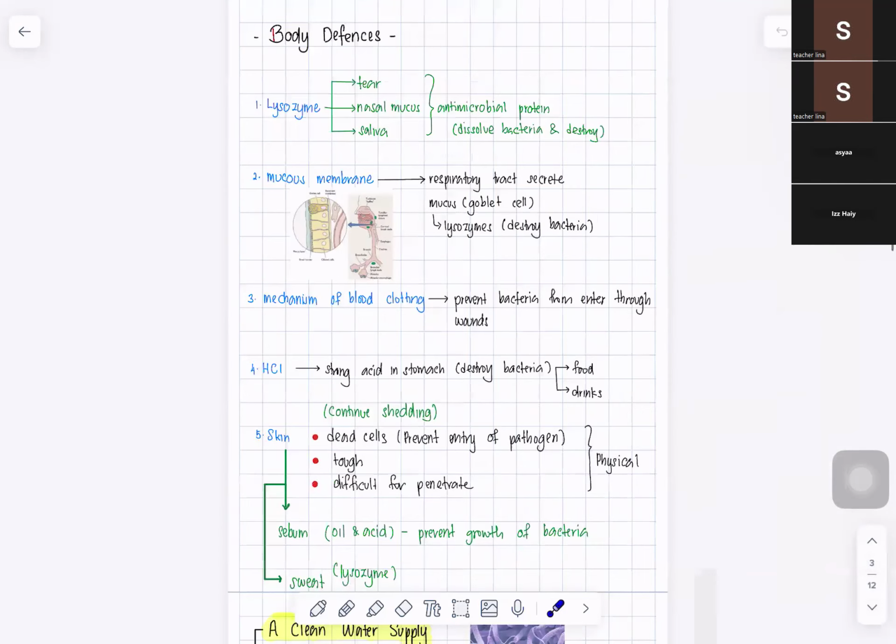So remember: lysozyme, mucous membrane, mechanism of blood clotting, hydrochloric acid in the stomach, skin. All of that is body defense. Okay.